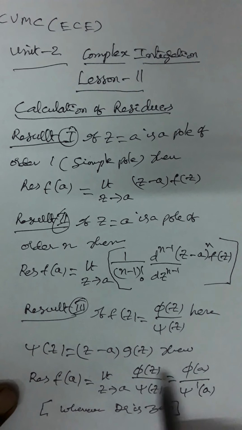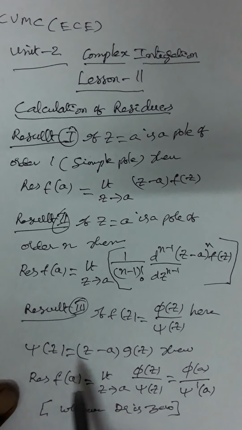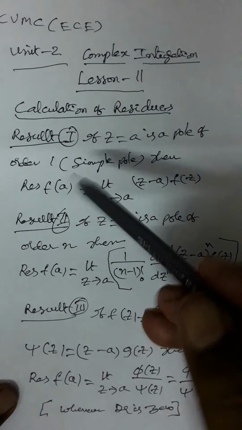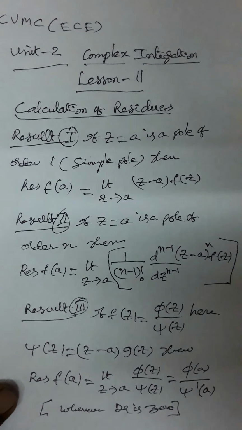So put z is equal to a directly in this, take the derivative psi dash and then put z is equal to a. That is the meaning. We use this formula whenever the denominator value is 0. Otherwise, the above two formulae.